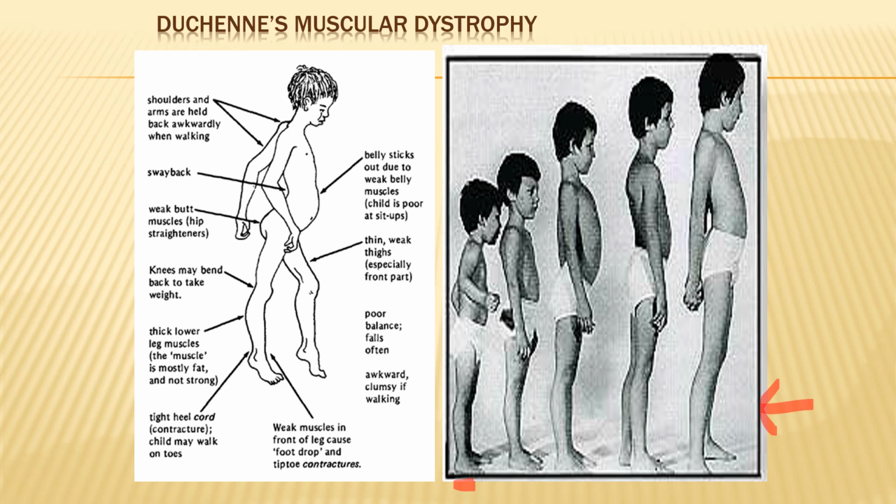They're trying to compensate for their weak muscles by changing their posture to be able to hold themselves upright. So they get continued deterioration of muscles, and usually by the time they're in their late teens are wheelchair bound because of muscle atrophy.